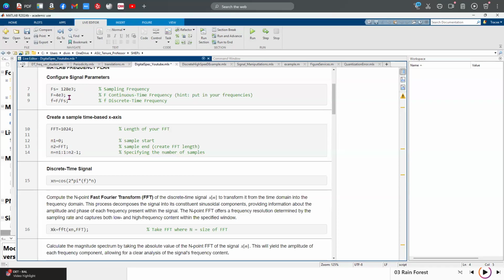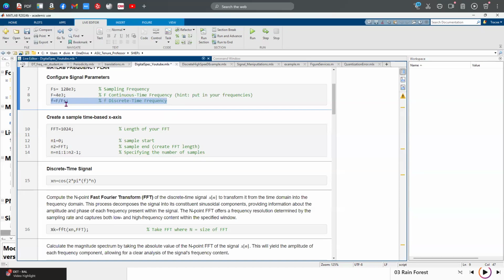Now, the signal we're analyzing has a continuous time frequency of 4 kilohertz. But here's the important part. When working with digital systems, we need to convert that into a discrete time frequency, little f. And we do that by scaling it relative to the sampling frequency.